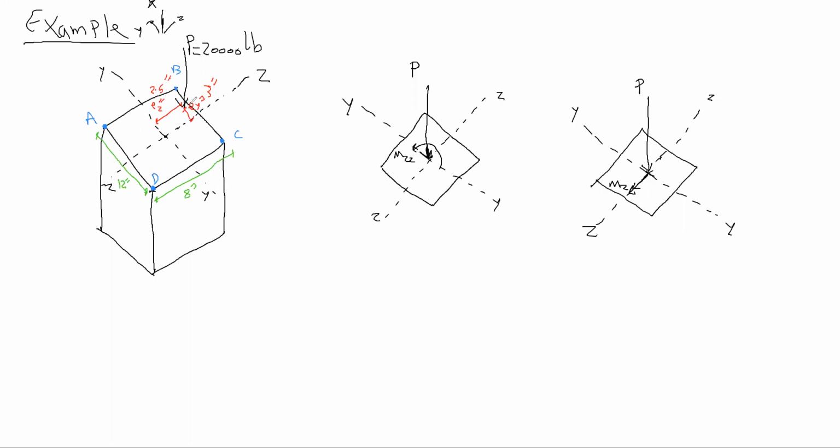Next question: what's the moment from EZ times P? What's the direction of that? The y direction. It looks like this: MYY, or I can show that based on the direction of the thumb, MYY.